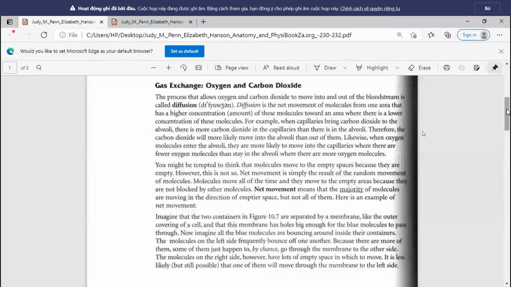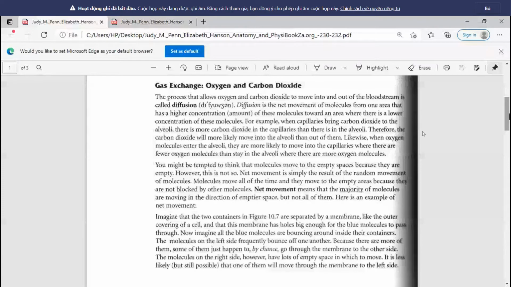The molecules on the left side frequently bounce off one another because there are more of them. Some of them just happen, by chance, to go through the membrane to the other side. The molecules on the right side, however, have lots of empty space in which to move. It is less likely, but still possible, that one of them will move through the membrane to the left side.